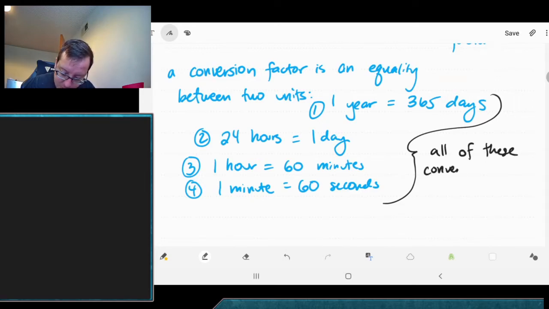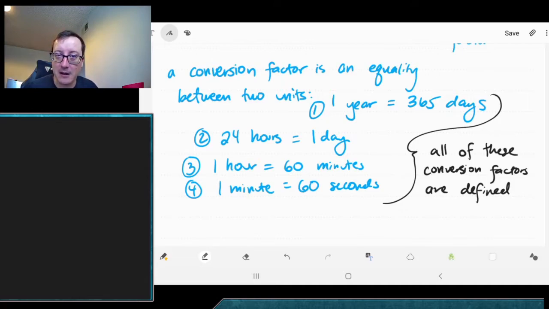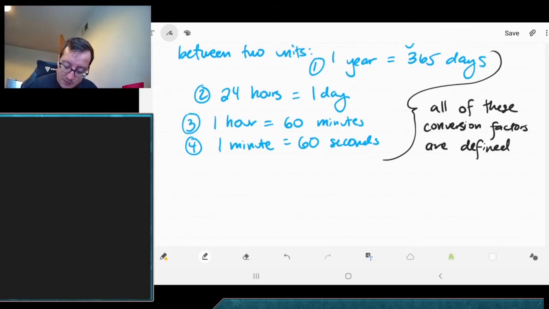All of these conversion factors are definitions. They're defined, right? We define 1 year as 365 days. Although in reality, well, okay, never mind. We'll leave it at that. We define 1 hour as 60 minutes, right? These are definitions. And as a result, if things are defined, they are not measurements.